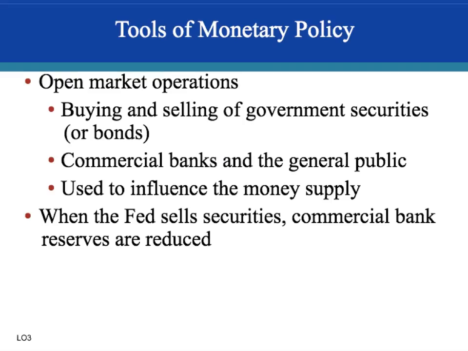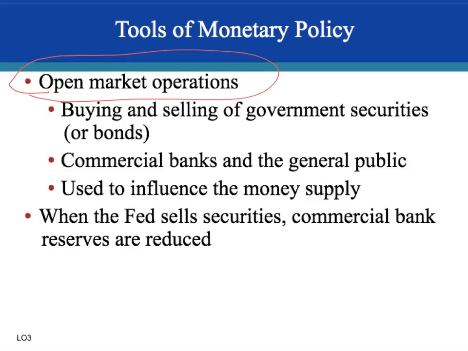So the Fed has several tools to conduct monetary policy. The most important and most used one is open market operations. This is the buying and selling of government securities or bonds to influence the money supply. They can buy and sell these bonds from banks and to the general public.